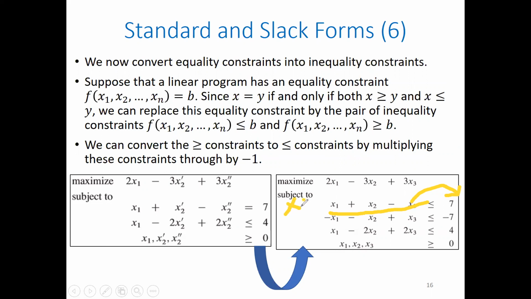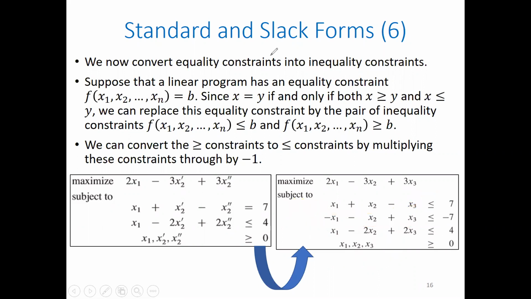So I define x4 equal to 7 minus this whole part. Then for this part, I do the same thing: x5 is equal to -7 minus this whole part. And finally, we have x6 for this constraint, where everything is taken to the right-hand side and equated with x6.